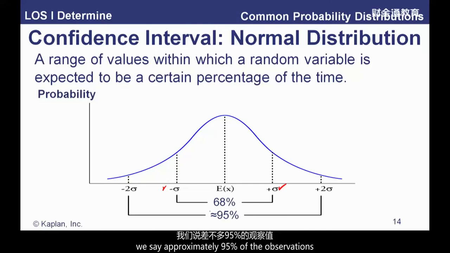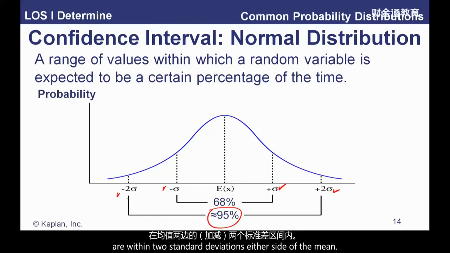We say approximately 95% of the observations are within 2 standard deviations either side of the mean.